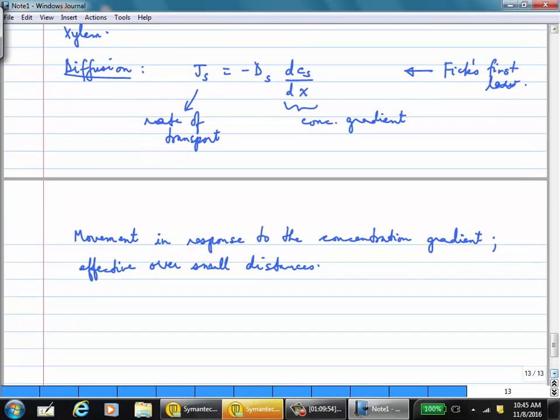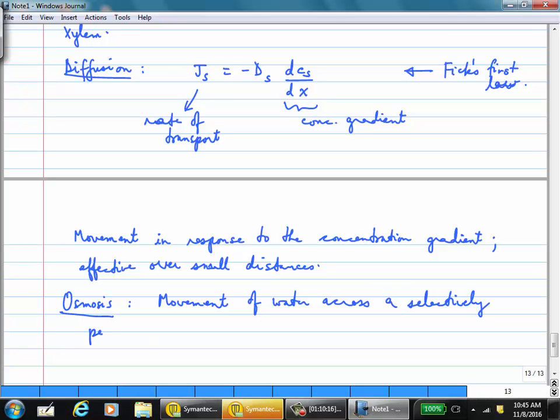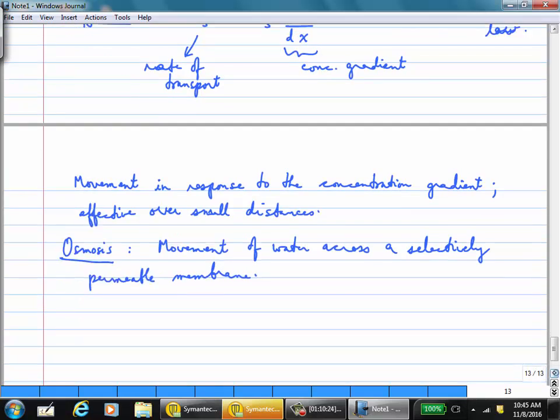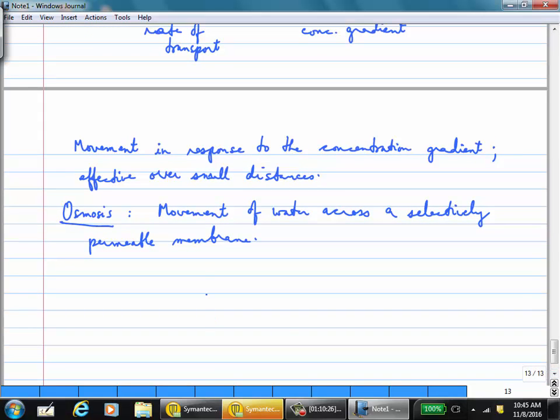So another kind of movement is what is called osmosis. That is movement of water across a semi-permeable or selectively permeable membrane. So suppose you have a situation like this. You have two solutions.